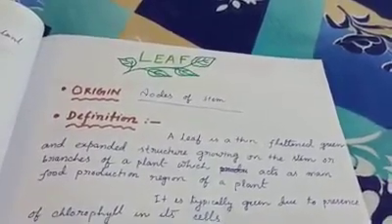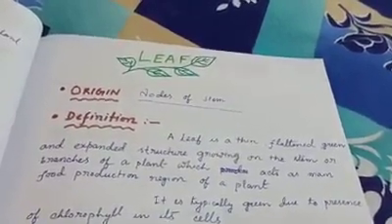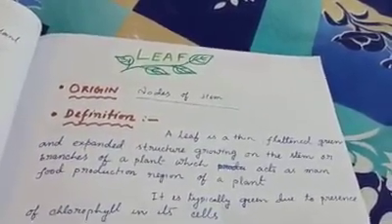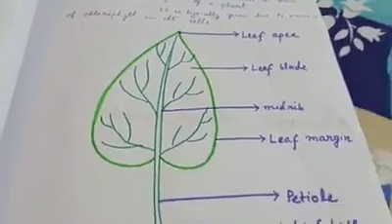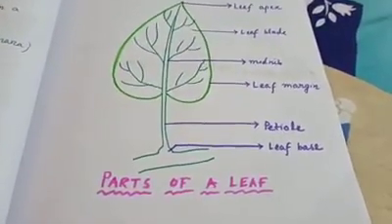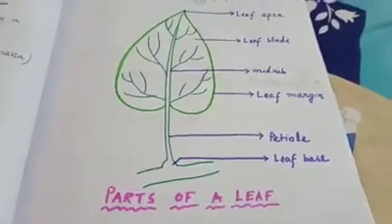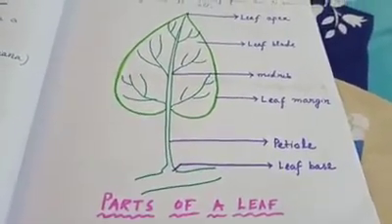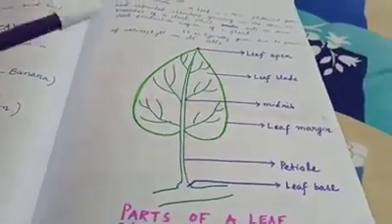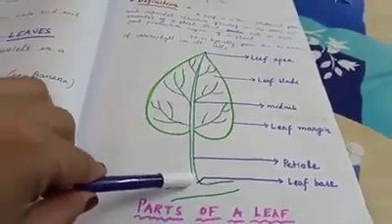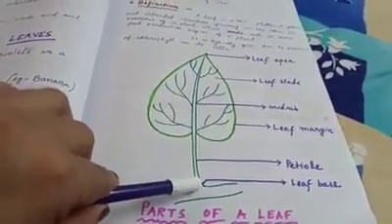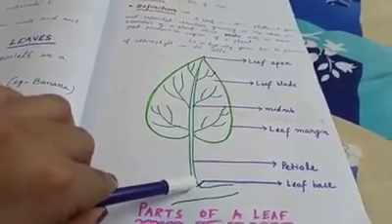So after studying about origin and definition, you have to know the structure of a typical leaf. Here I have drawn a diagram for you which is very important for your examination. This diagram is about the parts of a leaf. So look at the base of a leaf, where the leaf is connected with the stem or branches, is called the leaf base.